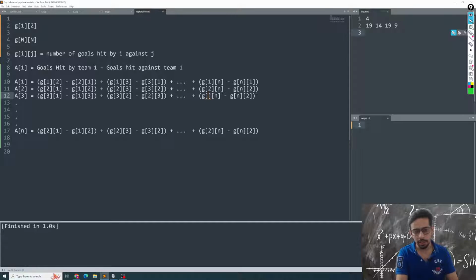So until in the nth match, the number of goals that the third team hits against the nth team minus the number of goals the nth team hits against the third team. What we would like to find out is A of n: the number of goals the nth team hits against the first team minus the first team hits against the nth team.